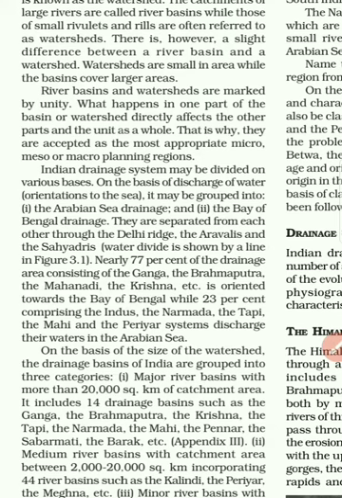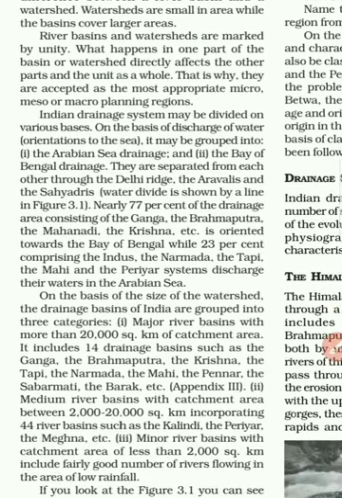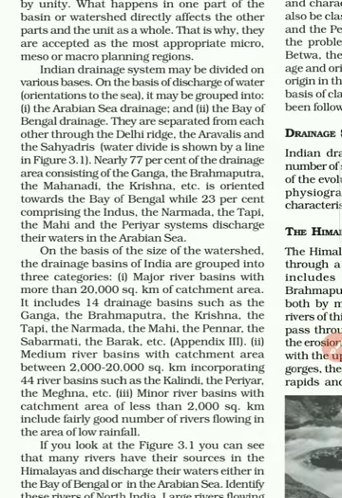India's drainage system may be divided on various bases. On the basis of discharge of water, meaning orientation to the sea, it may be grouped into two: one which falls in the Arabian Sea and the second, the Bay of Bengal drainage. They are separated from each other by the Delhi Ridge, the Aravalli, and the Sahyadri.